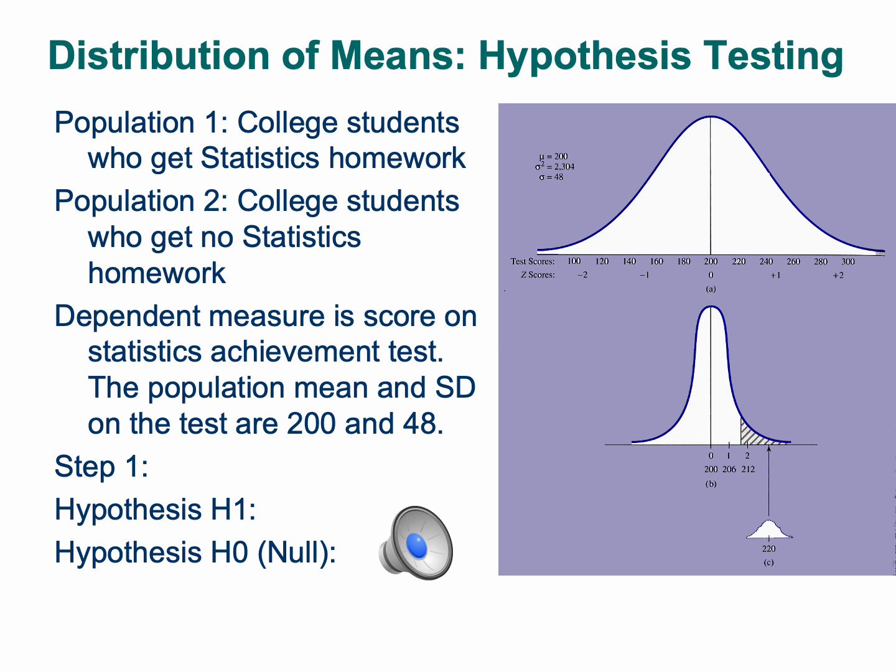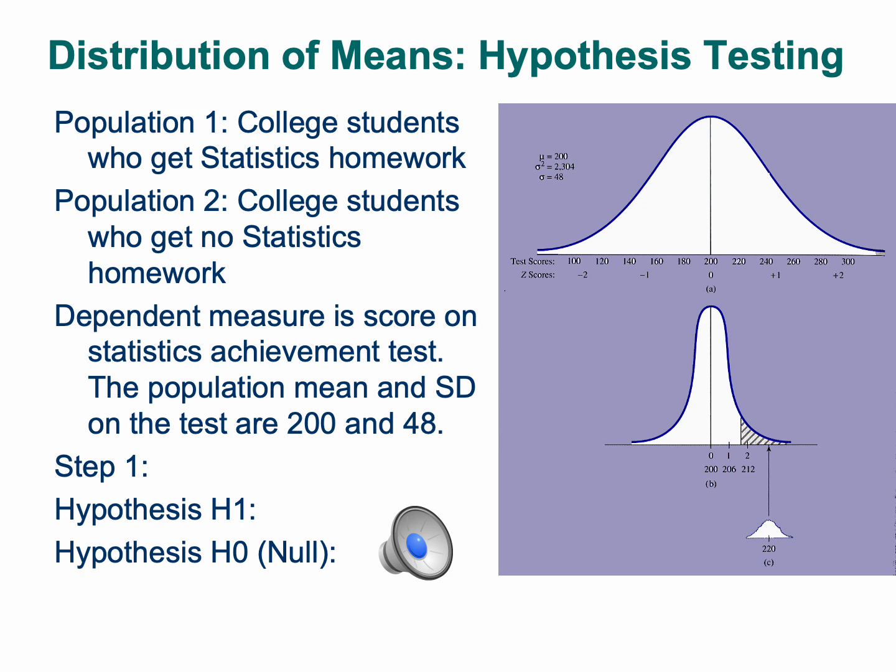So the null hypothesis, we'll start there. The null hypothesis is always a reflection that the means will be the same. So the null hypothesis in this situation is that the means of the two populations are equal. So students who get statistics homework don't do any better on the statistics achievement test than people who don't. And so the population means are the same. Now the research hypothesis will be that the means will be different.